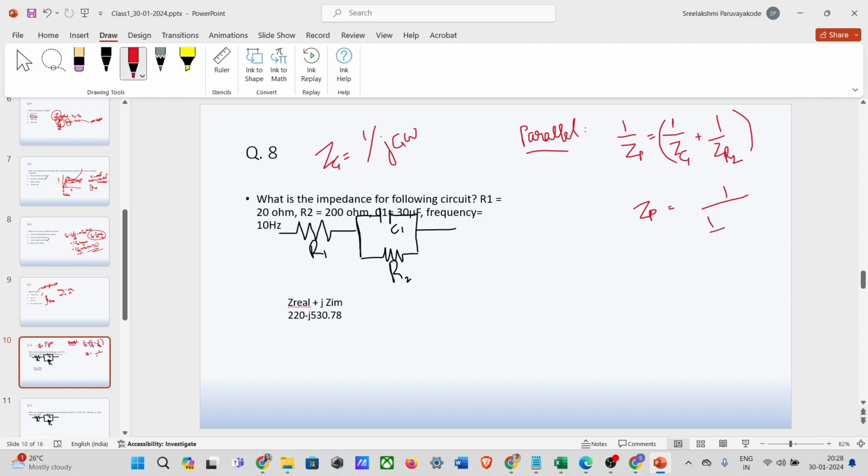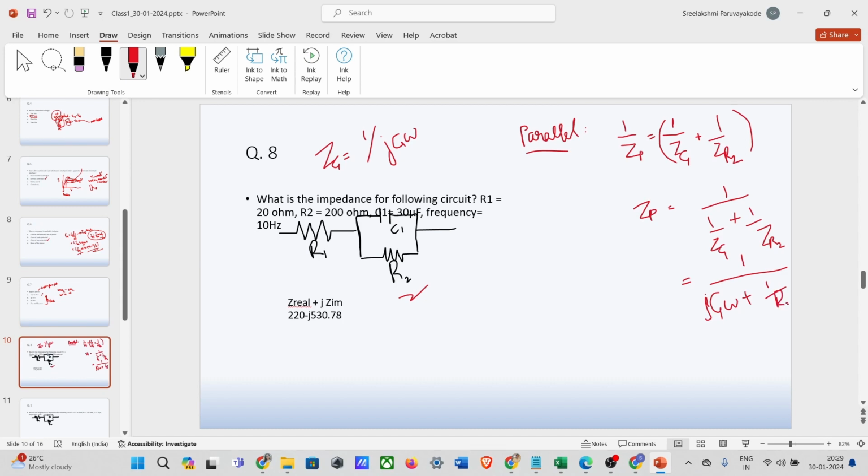I'll first write down 1 by ZC1 plus 1 by ZR2. We know 1 by ZC1 is JC1 omega, plus 1 by R2. Be careful, this R2.